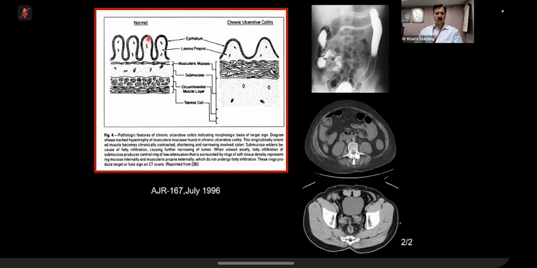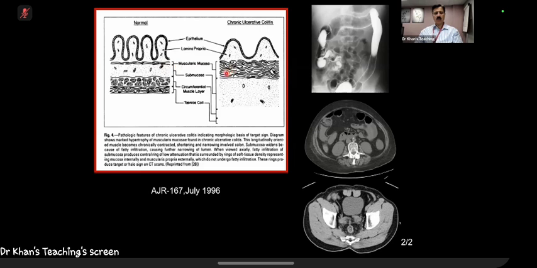This is normal. Normal is mucosa. Under the mucosa is muscularis mucosa. Then is the submucosa. Then is the muscularis propria, and then of course the serosa. Now, what happens in ulcerative colitis? There is hypertrophy of the muscularis mucosa. If you see, this is it and how thickened it is.